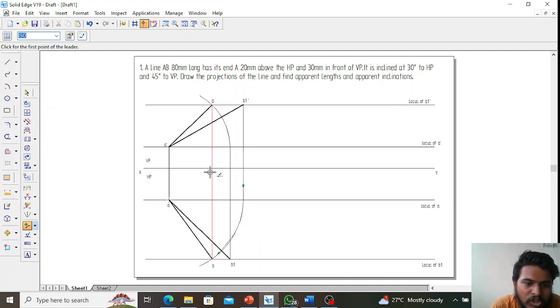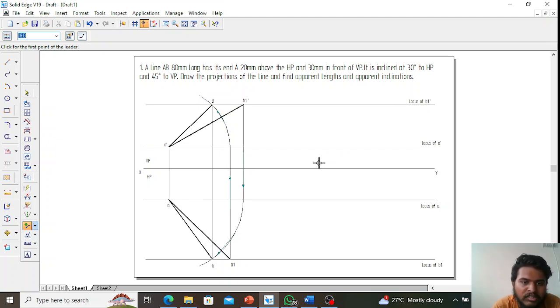Similarly we will show another arrow from this line to here. Okay, so the projection is complete.